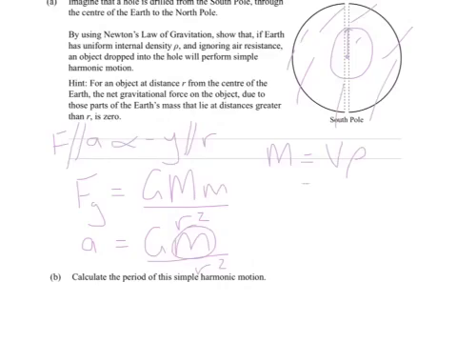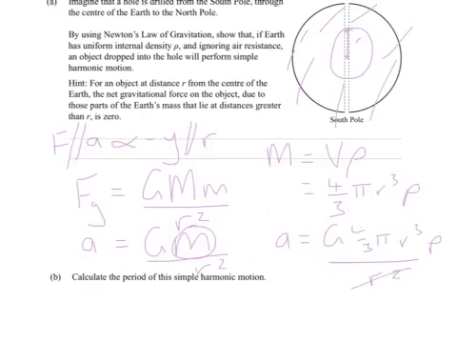So we can take this as 4/3, because we're dealing with a sphere, π r cubed, and times by the density. Well, I shouldn't write p, it should be rho. Anyway, substitute that in, and you end up with a equals G 4/3 π r cubed ρ over r squared.